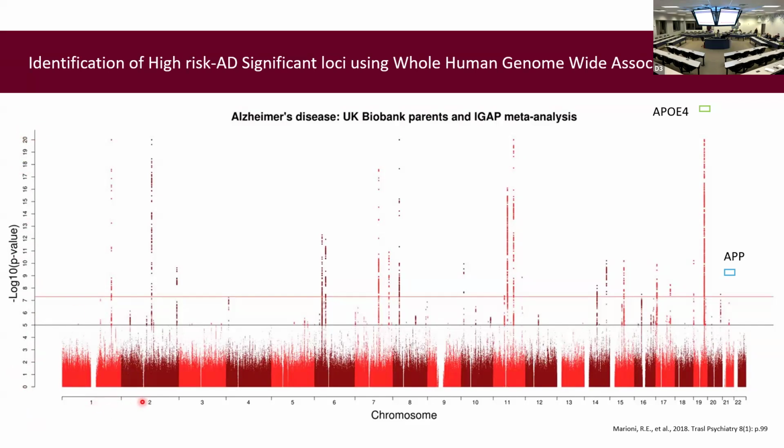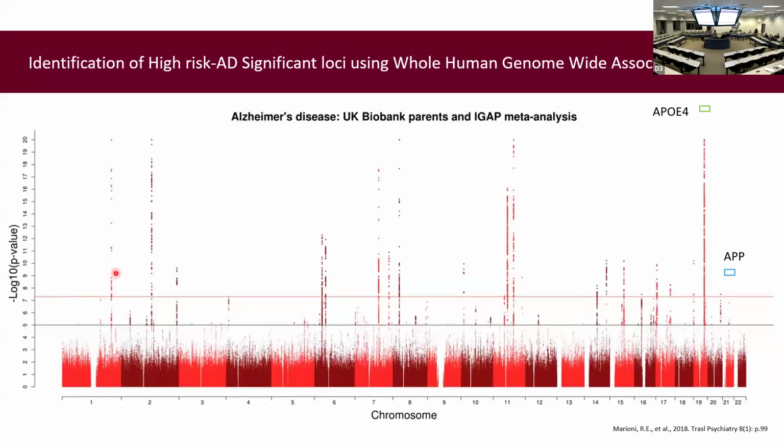On the x-axis, we have our chromosomes, from 1 to 22. We call this a Manhattan plot because, I don't know, it looks like Manhattan, right? With all these peaks. What is important to know is that all these are specific point mutations, and this line at 7.2 is our statistical significance threshold.